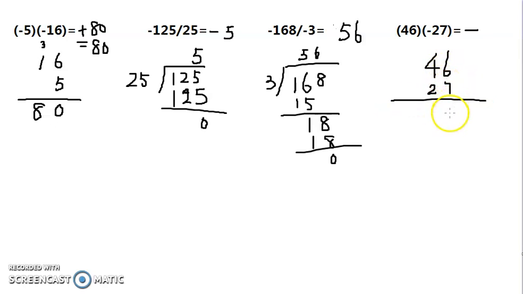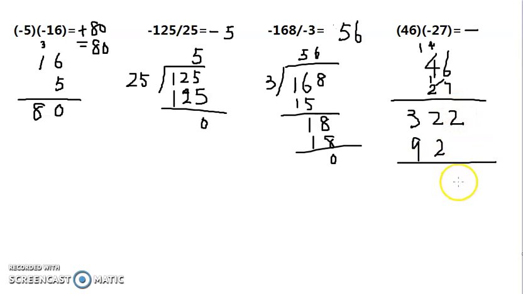6 times 7, 42. And then 4 times 7, 28 plus 4, 32. And then we multiply 2 and 6. That's 12. There's a 1 there. And then we multiply 4 and 2. That's 8 plus 1. That's 9.